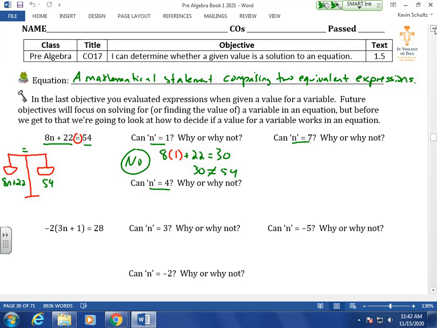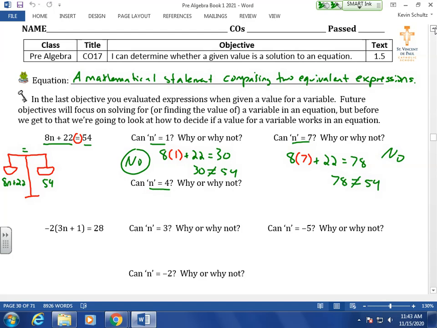Can n be 7? So we're going to go in, and kind of like we did in CO16, we're just replacing our variable with a value that we want to test here. 8 times 7 is 56, plus 22 is 78. Well, 78 is not equal to 54, so no, n cannot be 7. It doesn't work.